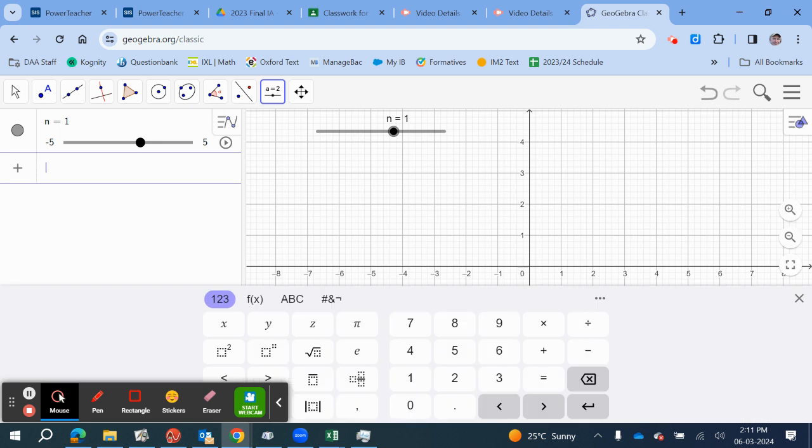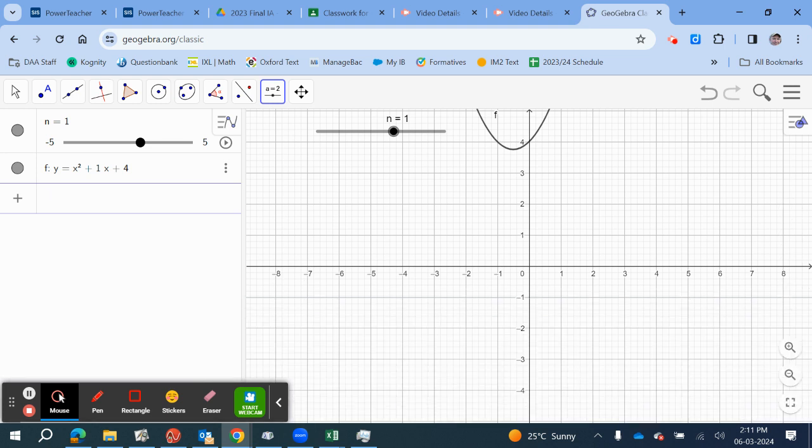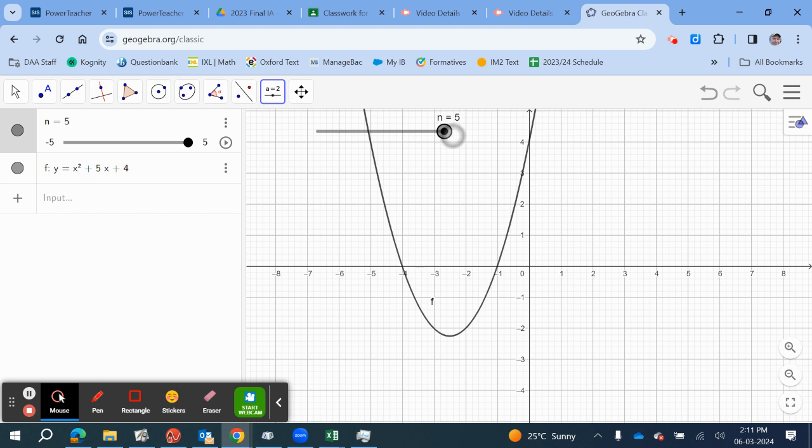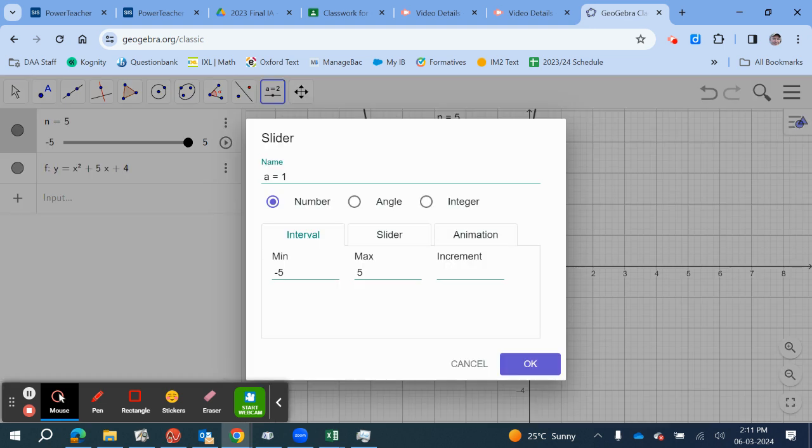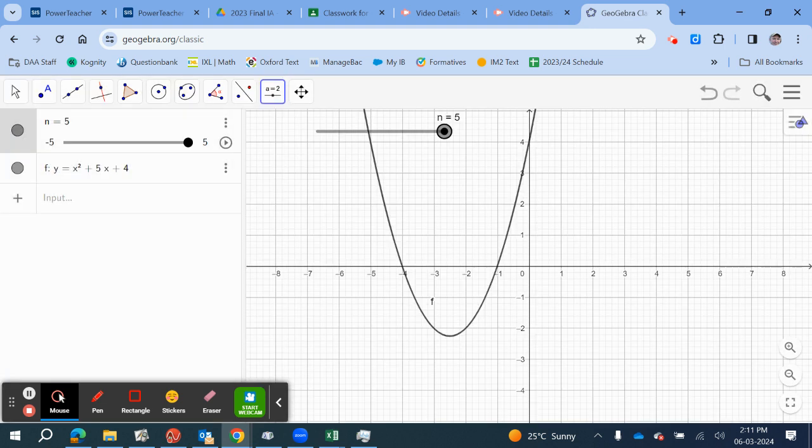And I've got y equals x squared plus nx plus 4. Okay, so I've drawn the function. If I make n 5, how many solutions do I have?